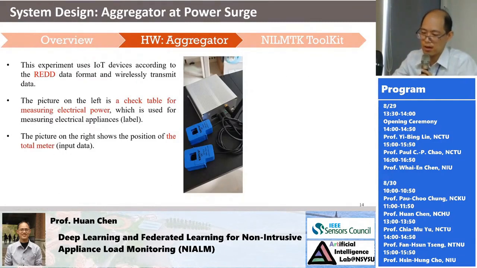Then I will talk about the hardware we use. The first part is the aggregator. The aggregator is the device you install in the main power supply. As you can see, we use Hall effect sensors.